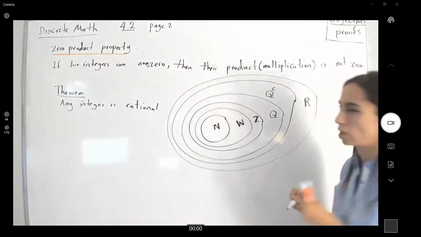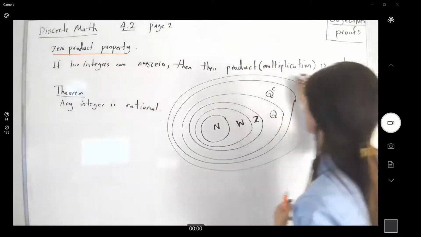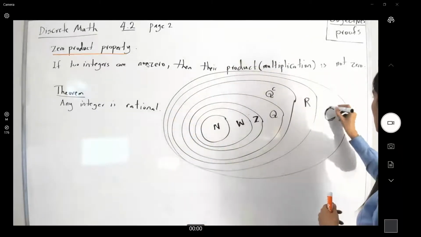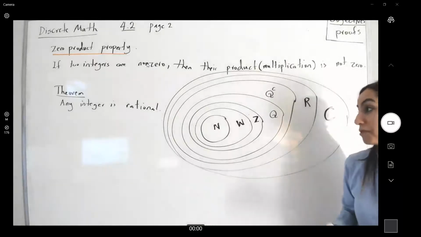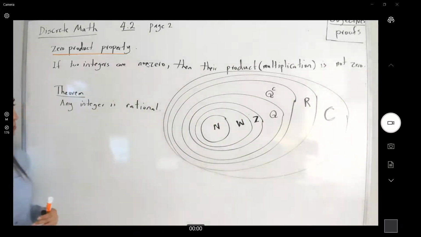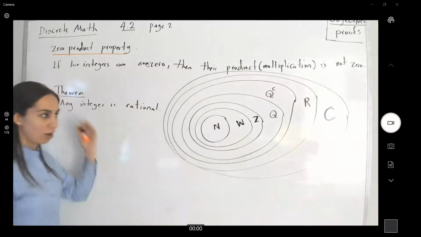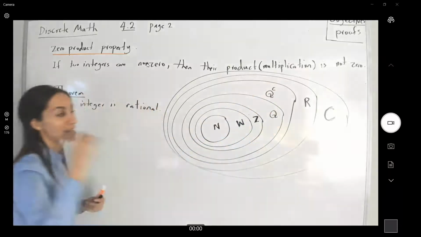At the same time, we know that reals are a subset of complex numbers. So as you can see by looking at the Venn diagram, if you want to take it in a more formal way, N is a subset of W, a subset of Z, a subset of Q, and so on.